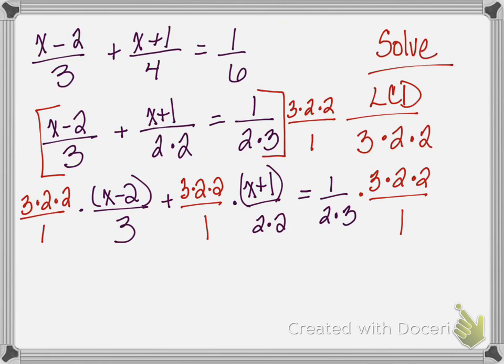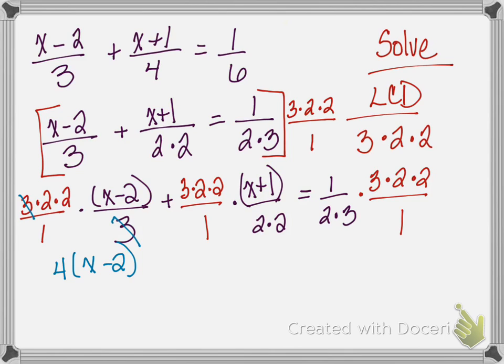Oh, yes, question? Why do you put the binomial in parentheses? Because it is a factor and we have to keep it together. So right now, I am going to mark that 3 out. What do I have left right here with the 2 times 2? What value is that? 4. I've got to distribute that 4 to the x minus 2.